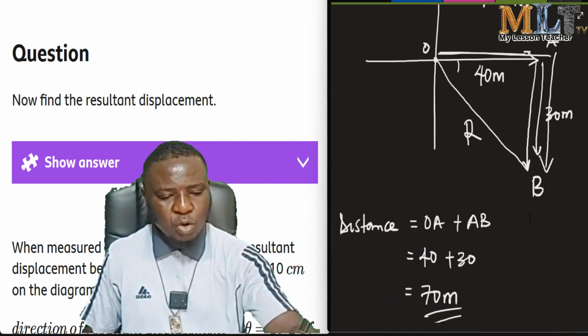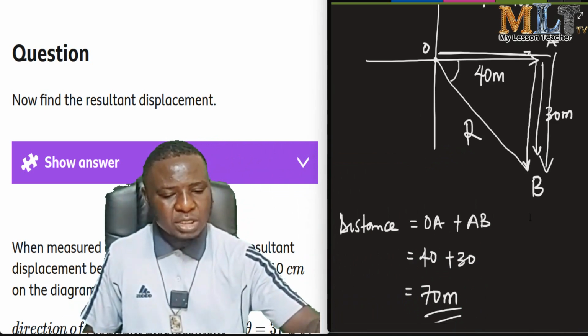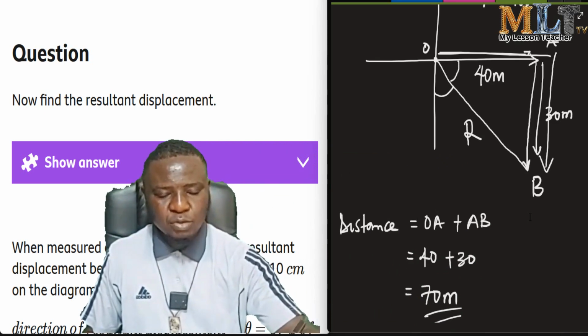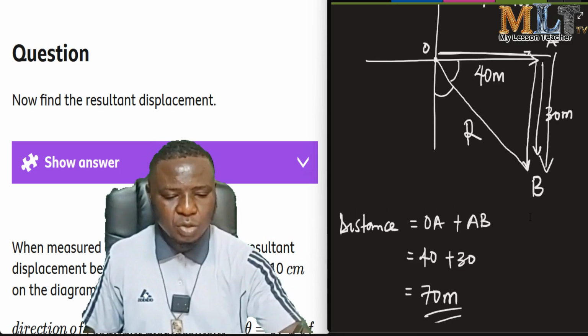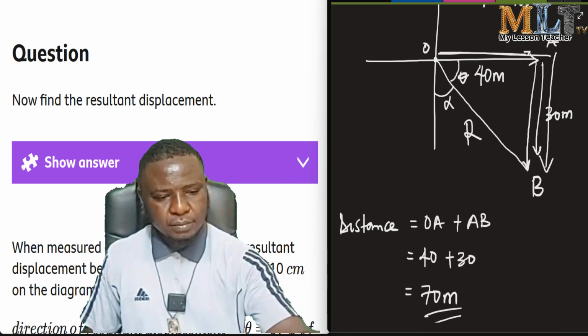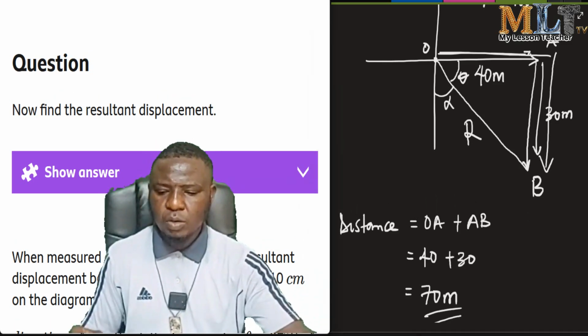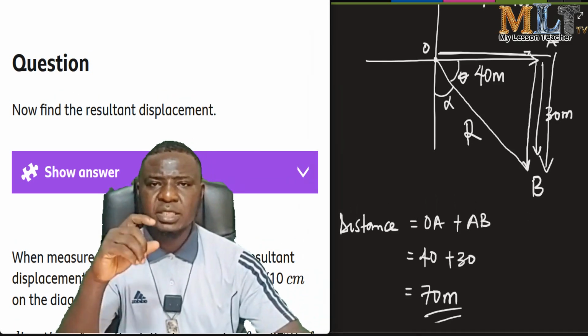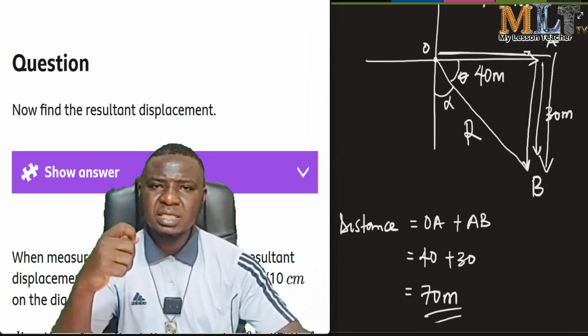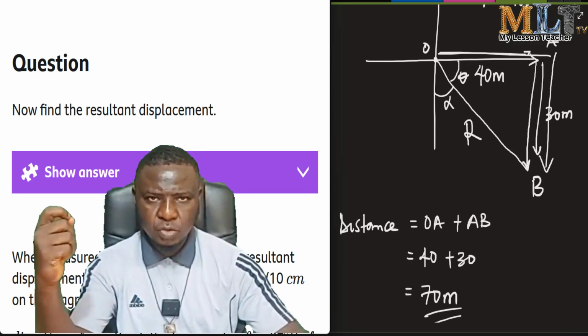You may put the direction in terms of north east, or in terms of east north. So I'll call this theta and alpha. So we have to find the resultant displacement. And displacement means what? Distance in a specified direction.